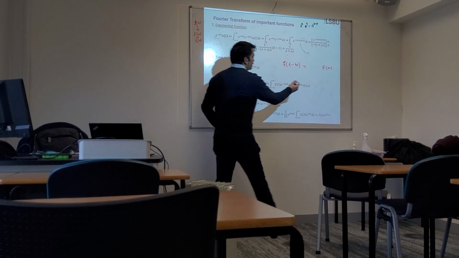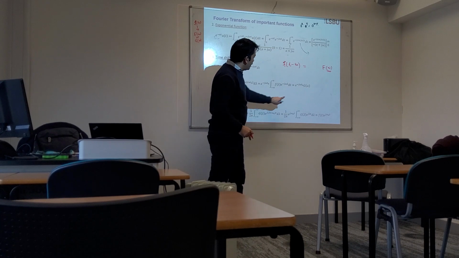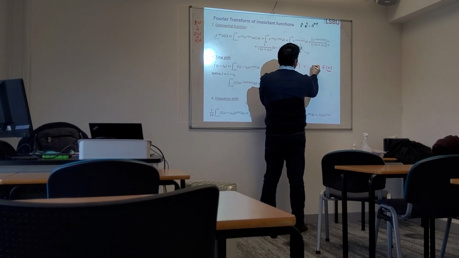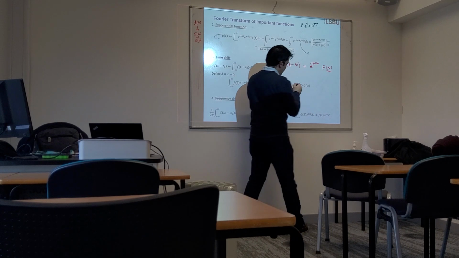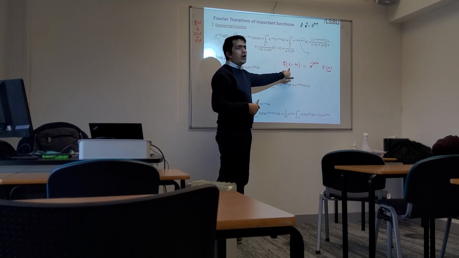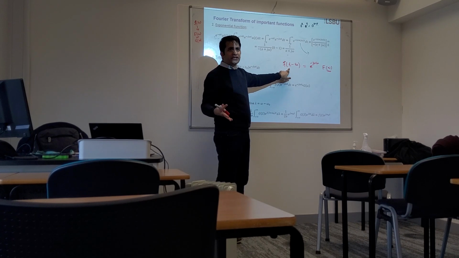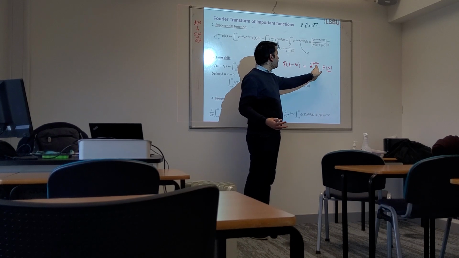So what would happen? This would stay the same, which is just for f of t, and you will get an extra thing which is e power minus j omega t naught. So again you can see how a shift in time affects your Fourier transform: you will get an extra term, e power minus j omega t naught.